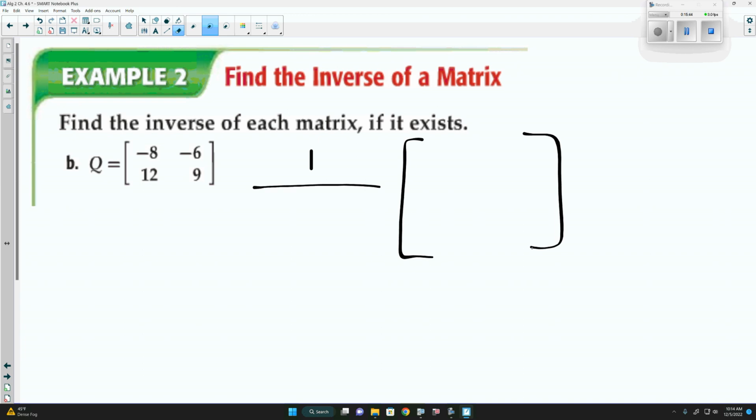So to find the inverse of Q, 1 over the determinant times our matrix. So the determinant would be negative 8 times 9 minus negative 6 times 12.